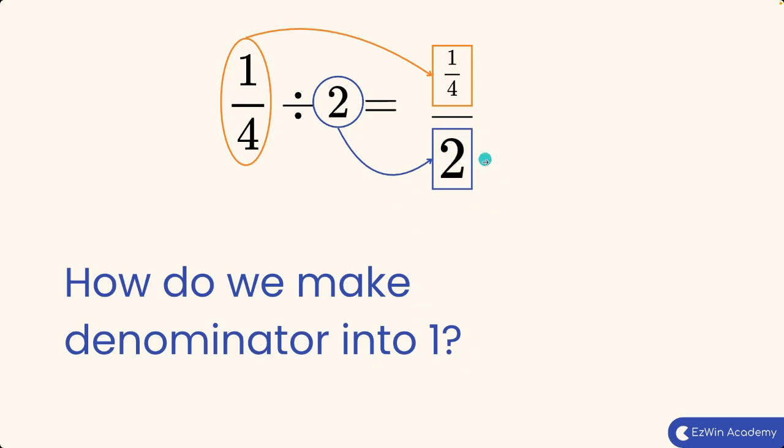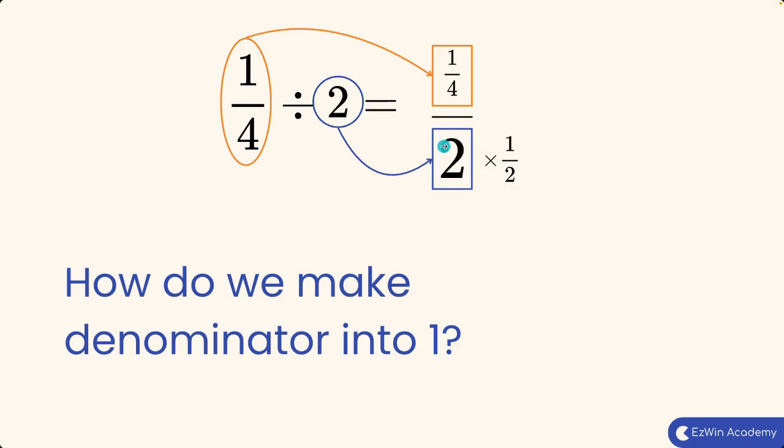Because if we make the denominator into 1, then we have an equation that we can simplify to get the answer. So how do we make 2 into 1? The answer should be pretty straightforward. You have 2 divided by 2, or 2 times 1 out of 2, or half. So 2 times half equals 1.